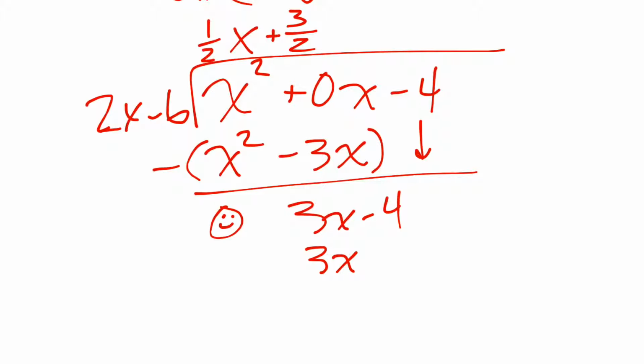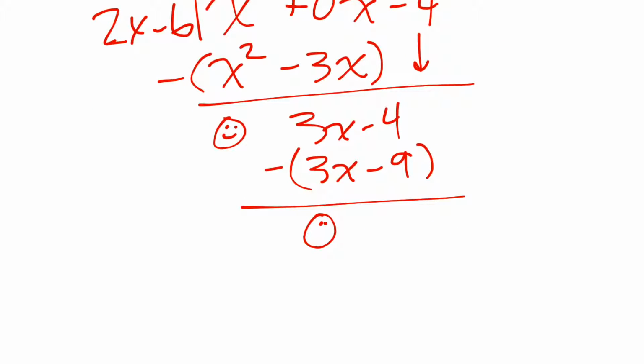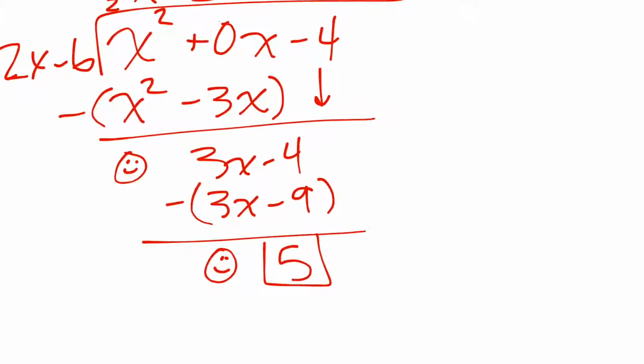Negative 3 times 3 is negative 9. And we are subtracting that. So we get 3x minus 3x is nothing. And negative 4 minus negative 9 is negative 4 plus 9 is positive 5. And that is our remainder.